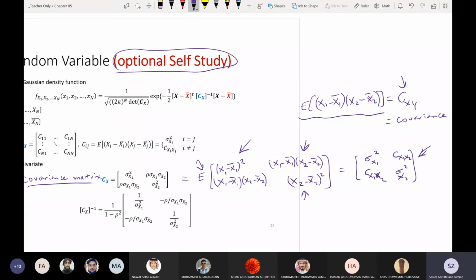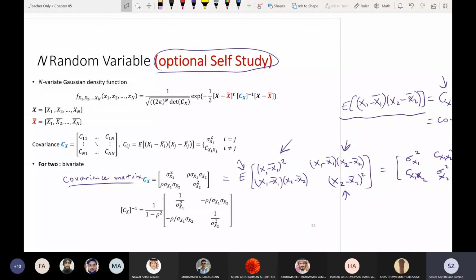Now if you remember, the relation for the correlation was Cx1x2 divided by sigma x1 sigma x2, right? Which means that Cx1x2 equals rho sigma x1 sigma x2.